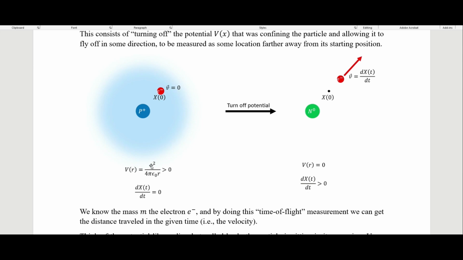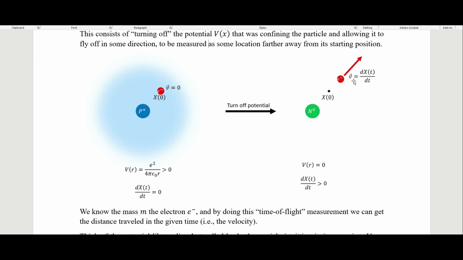In this example, we're now looking at something more three-dimensional, and this would be our potential, essentially just Coulomb's law. But our velocity, as I said, is 0. Then we turn off the potential. Say this proton suddenly becomes a neutron. There is now no potential, but now this electron is going to fly off.